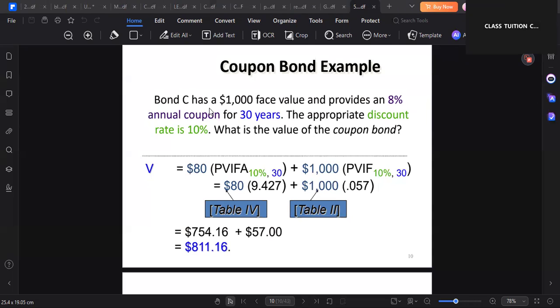All right. So the value of a bond can be calculated as follows. I can simplify this as follows.